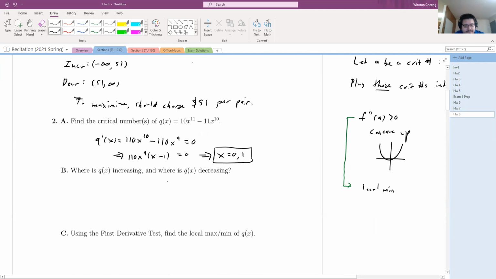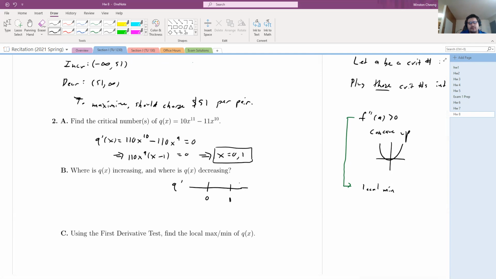Well, to determine that, I would draw a number line, marking my critical numbers on it. And then we look at the derivative function. I will look at it in factored form because it's easier to reason about. The usual way that people teach this is they tell you to choose a number and plug it in.